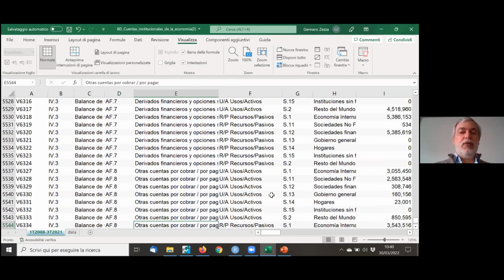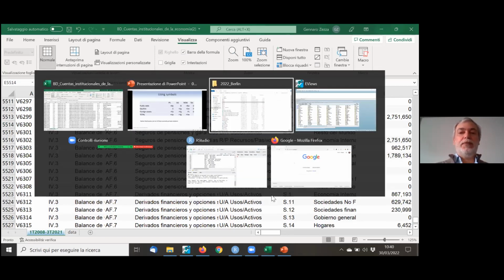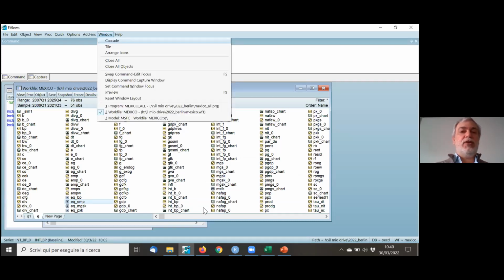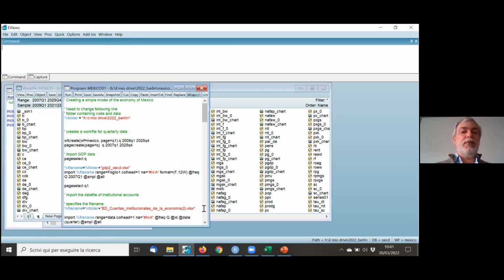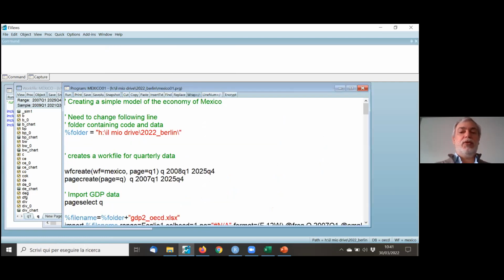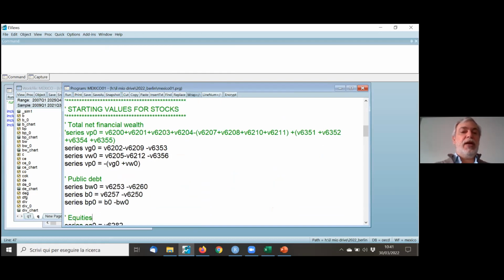And what we need to do is to consider the components of this stock. So let me take the program that we are currently using.